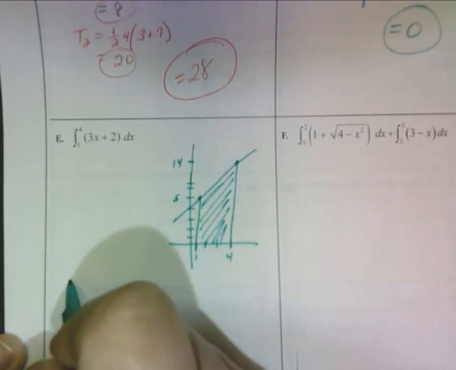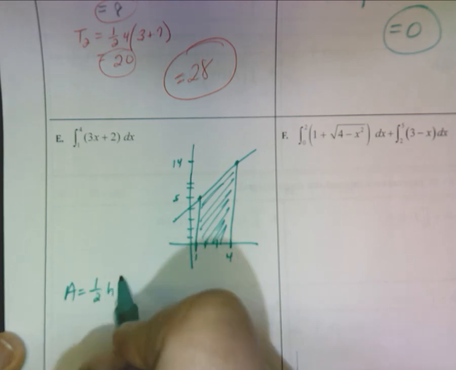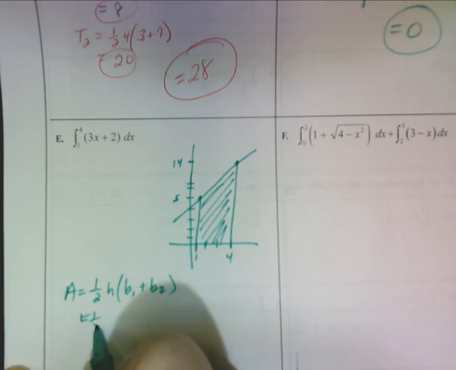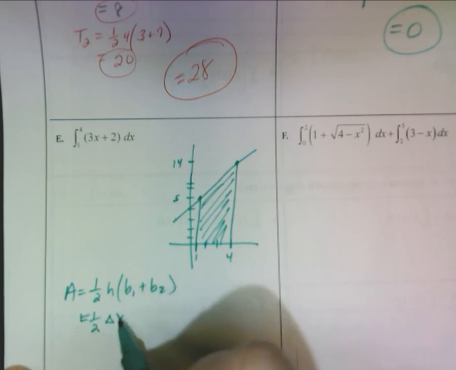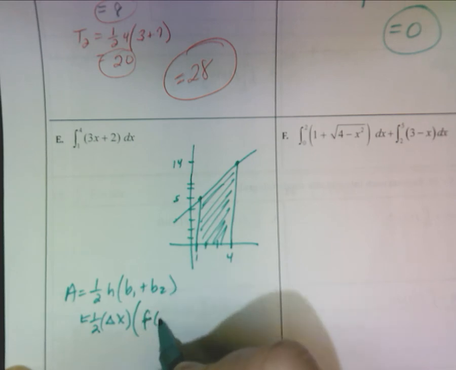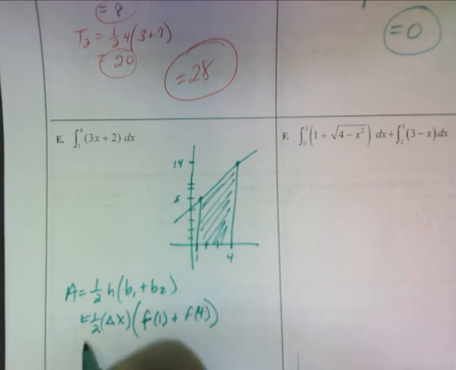And what am I doing? I take half of the height times base 1 plus base 2, or really half of delta x times f at 1, the function defined at 1, plus the function defined at 4. That's what I did.